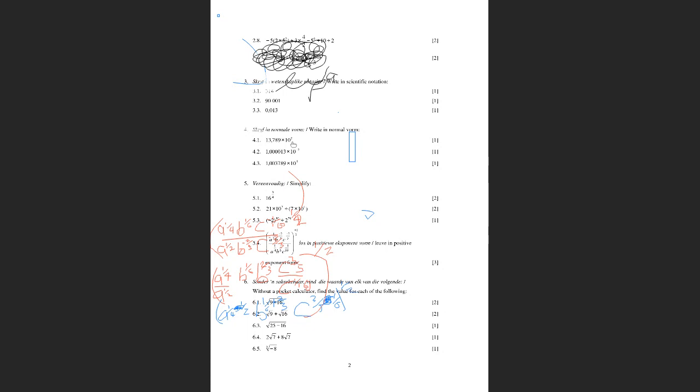A^(1/4 - 1/2), if I check correctly, is going to give me A^(-1/4). Then B^(1/6 + 2/3) is going to give me B^(5/6).